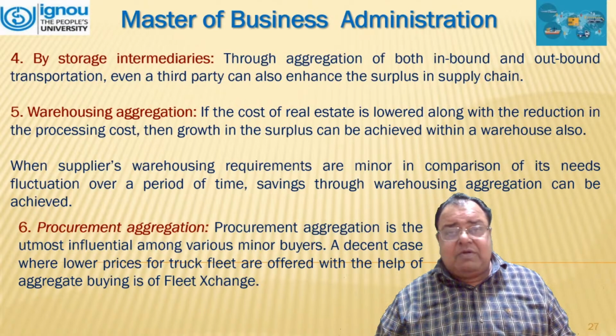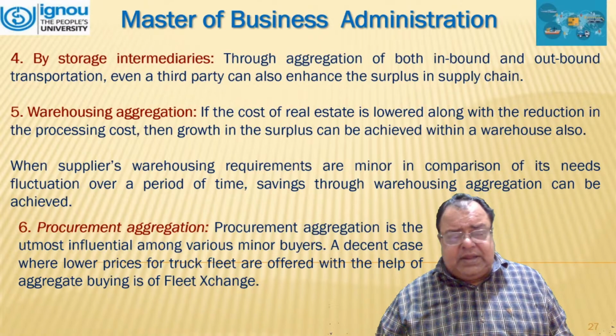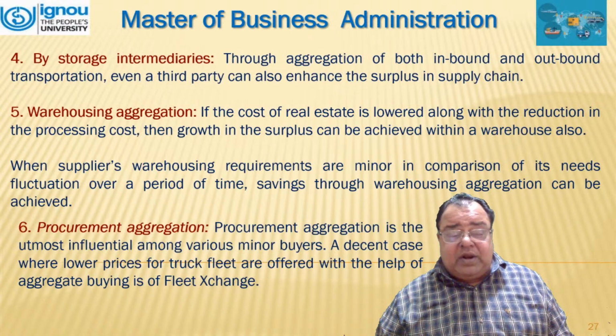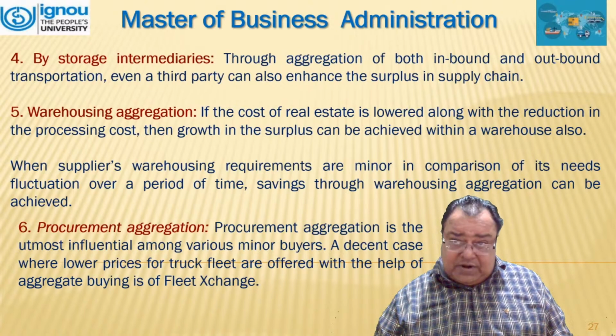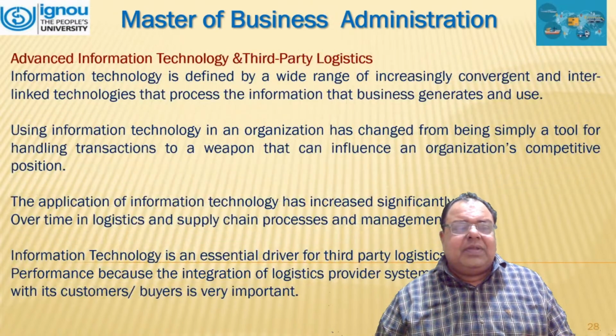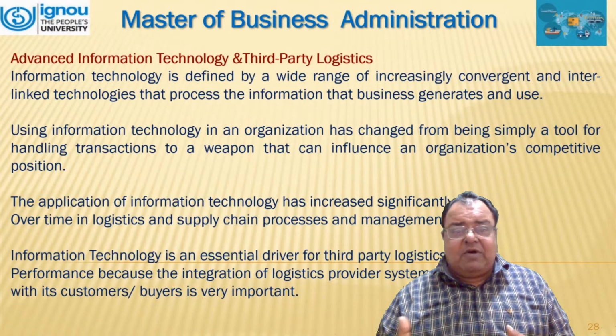Sixth one is procurement aggregation. Procurement aggregation is the utmost influential among various minor buyers. A decent case where lower prices for truck fleets are offered with the help of aggregate buying is fleet exchange. Now we move to advanced information technology and third party logistics.